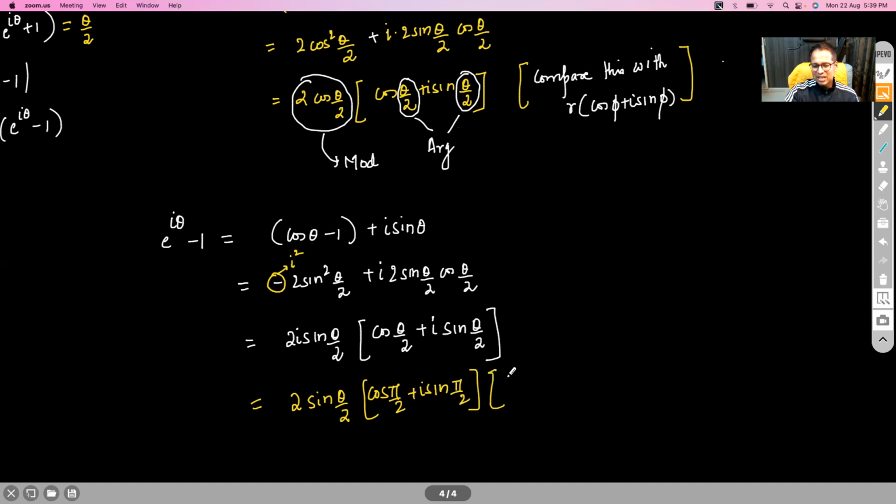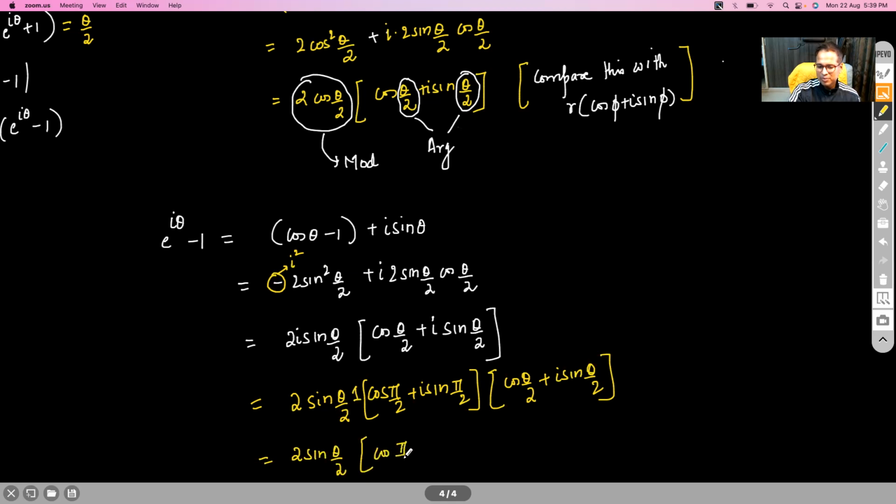Now we already know this fact that when two complex numbers are multiplied, their arguments get added up and their moduli get multiplied, right? So this already has a modulus of 1. So 1 and this will get multiplied, so it will become 2 sine theta by 2, and arguments will get added up.